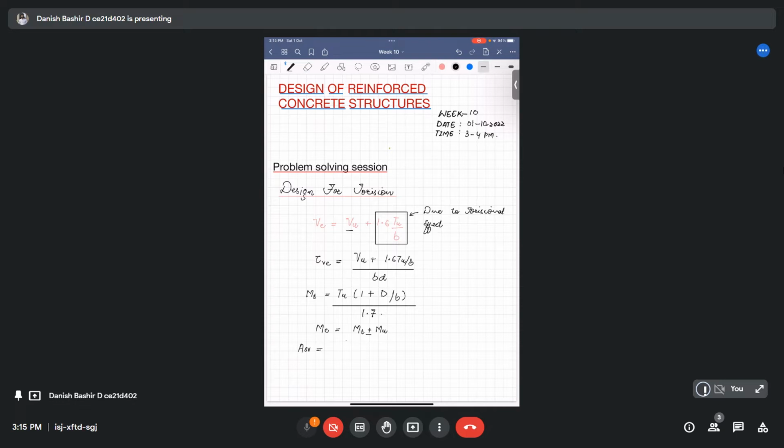Asv is given as Tu into Sv, where Sv is the spacing, divided by b1 d1 into 0.87 fy, where fy is the grade of the steel, plus Vu, the nominal shear force acting, into Sv, the spacing adopted, divided by 2.5 d1 into 0.87 fy. I am telling what each symbol means. Now I will make it clear what this b1 d1 are.